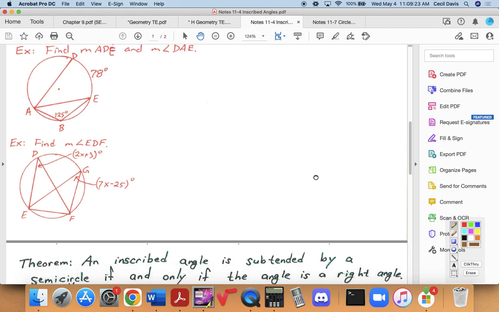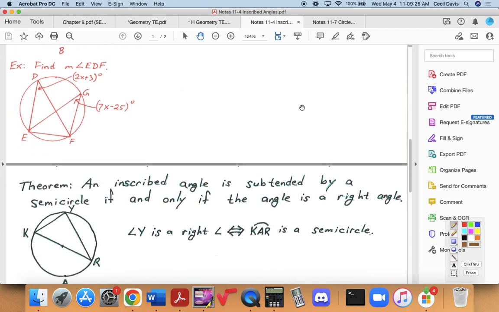All right, let's look at this next example. We're trying to find the measure of angle EDF. Again, if I follow angle EDF out from the vertex, what arc does it intercept? Arc EF.